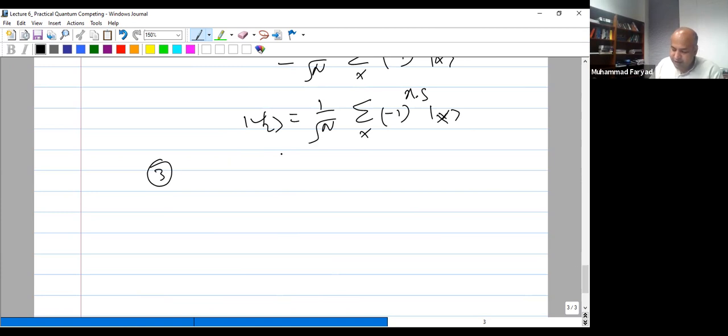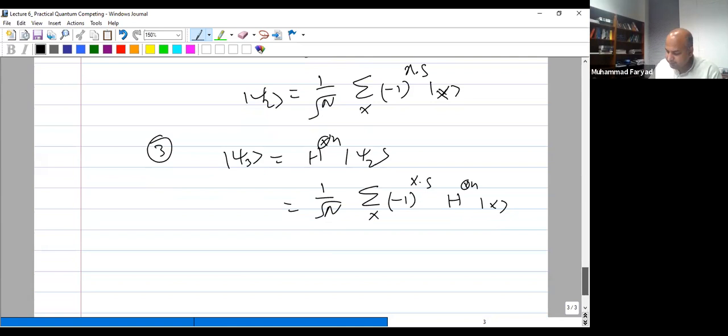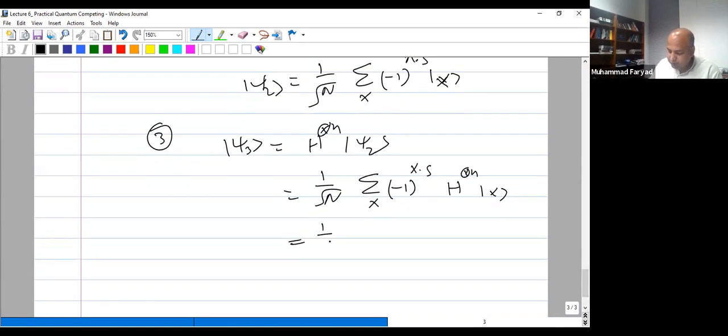Okay, so let's apply Hadamards again. So psi 3 after Hadamards is Hadamards on psi 2, and psi 2 here will be minus 1 to the power x·s, |x⟩, and Hadamards come right here on |x⟩. Now the output of Hadamard would be minus 1 to the power x·k.